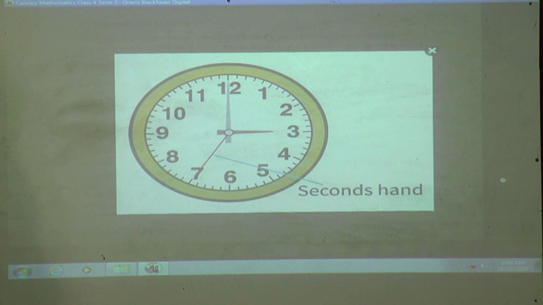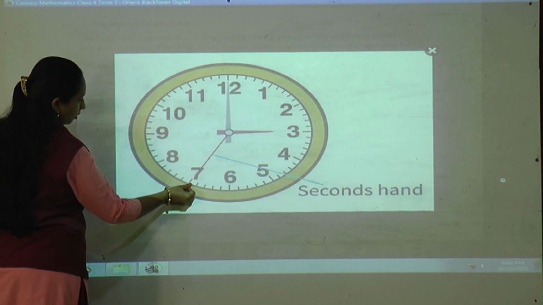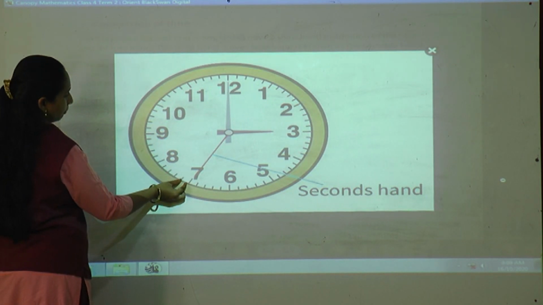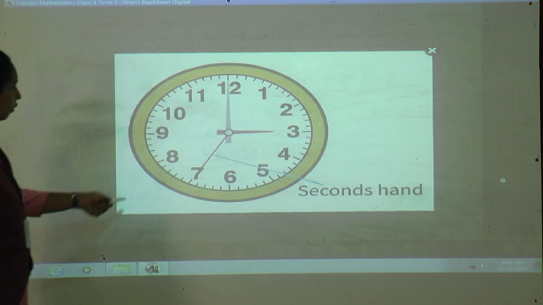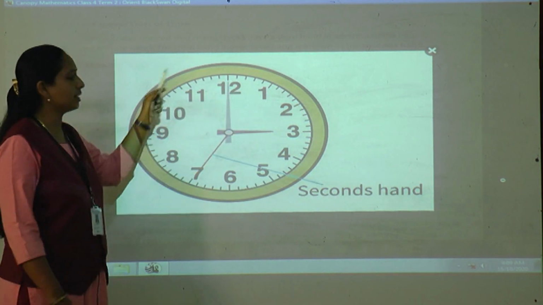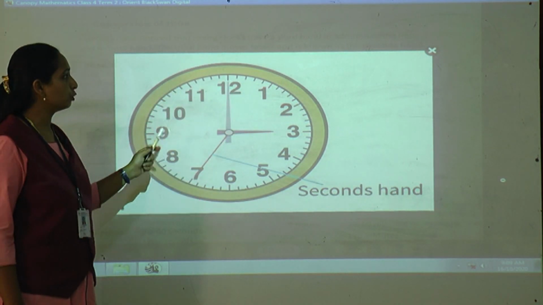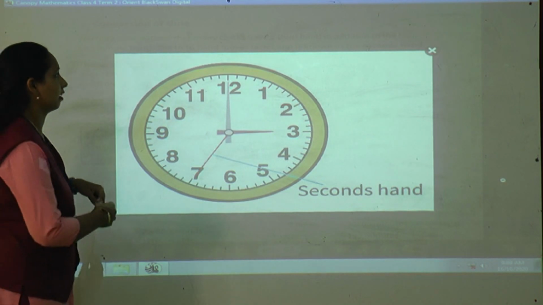The time taken by the second hand to move from one small division to the next is called a second. Now see, from this point to this point means 1 second. Are you getting? So how many seconds are there in the whole? Total 60 seconds are there. How?